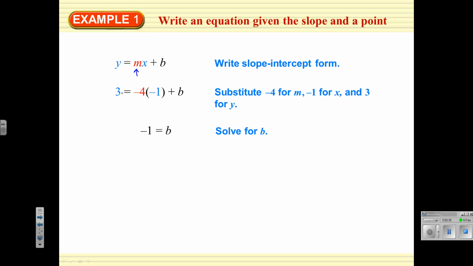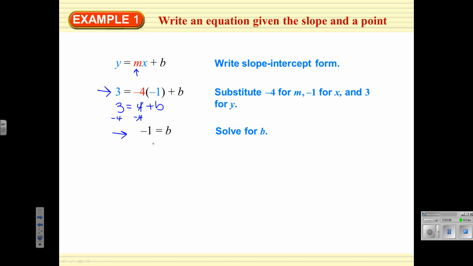Right here, 3 equals -4 times -1 is +4 plus b. So we subtract 4 from both sides, and we end up with b equal to -1 because 3 minus 4 is -1. So here's the math involved going from this step to this step. Please make sure you write all of this down.